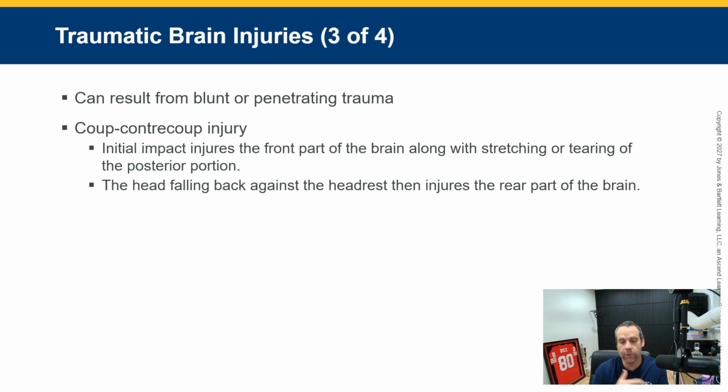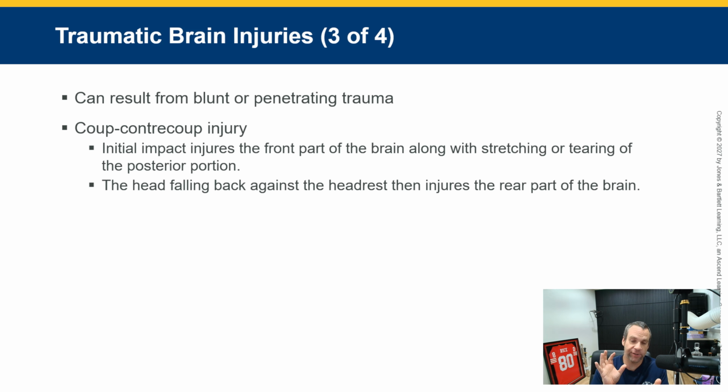Okay. Now, the coup injury portion occurs when the brain first strikes inside of the skull. The brain itself is not necessarily anchored in a fixed position inside the skull. It does have the ability to be moved around and bounce around if enough force is applied, in this case, the acceleration and deceleration.